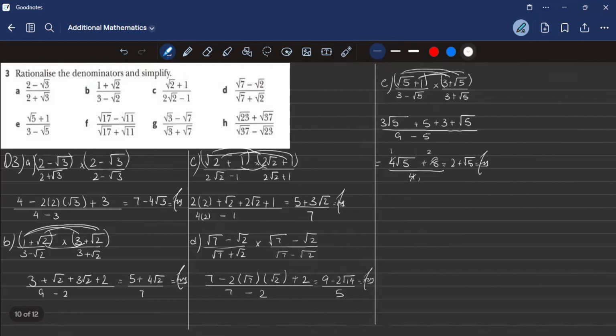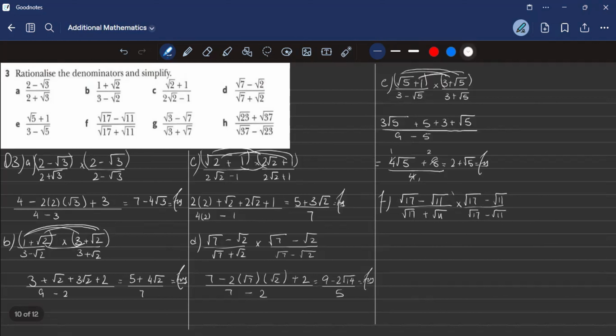For part F, we have root 17 minus root 11 divided by root 17 plus root 11. Again, we have conjugate surds in division, so we already know we are going to use two identities. Sorry, not trigonometric identities, quadratic identities. Multiplied by root 17 minus root 11 divided by root 17 minus root 11.